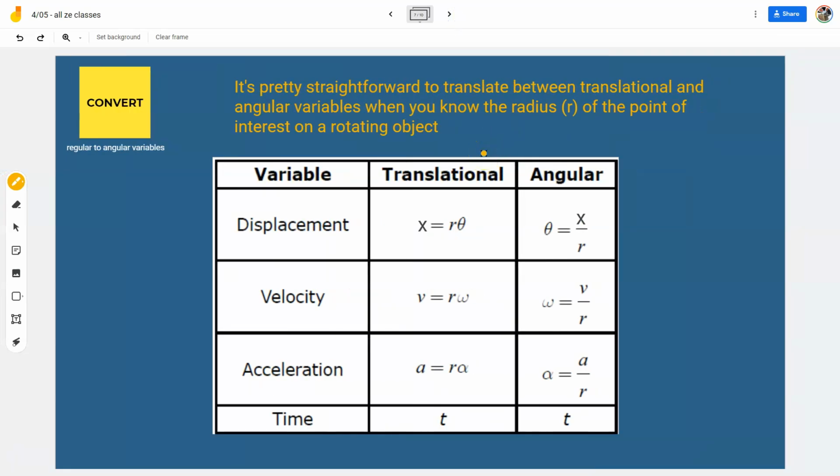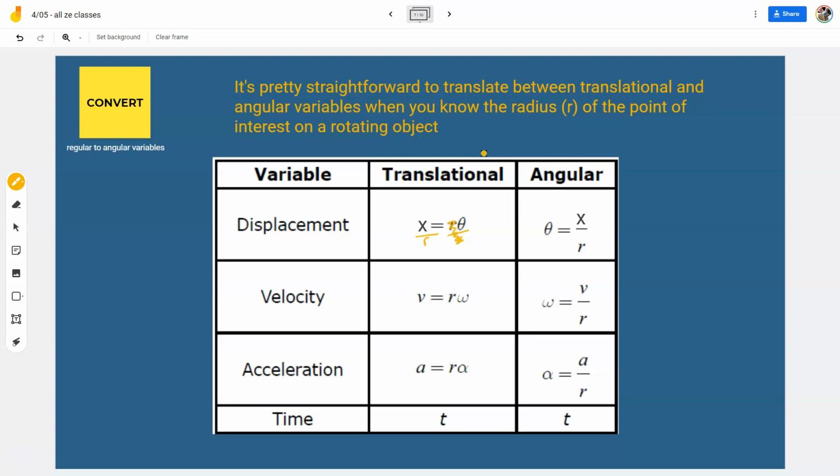Now, converting back and forth between these, we have these equations for our translational and angular quantities. Notice these are the exact same equation, just rearranged a little bit. If I want to know the linear position, that's the radius of whatever circular thing I'm talking about times the angular displacement. If I want to know angular displacement, I would divide both sides by r.